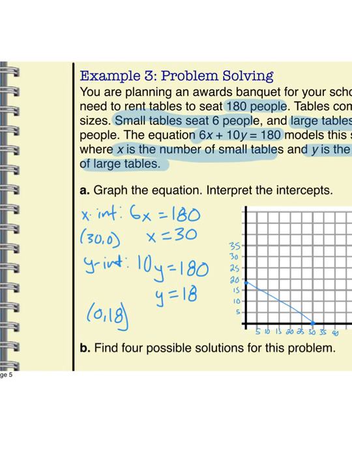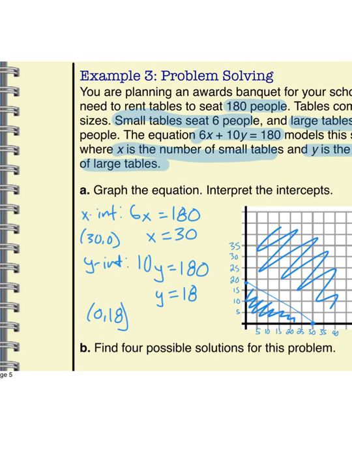If you choose a point somewhere over here, you're not going to seat enough people. And if you choose a point somewhere over here, you're going to have too much seating. So the ideal number of tables would be some point on that line where both are whole numbers. And that's the maximum number of small tables and the maximum number of large tables you could order.